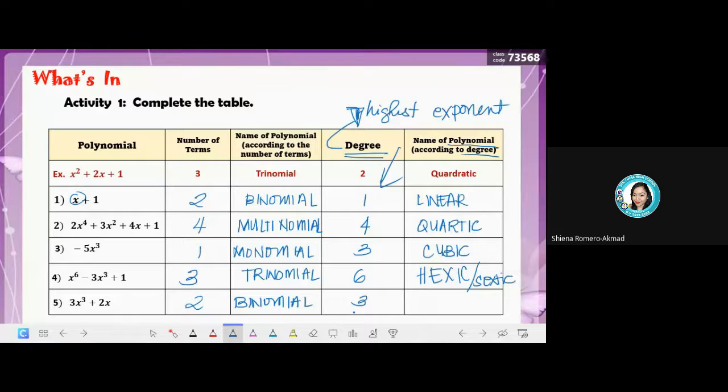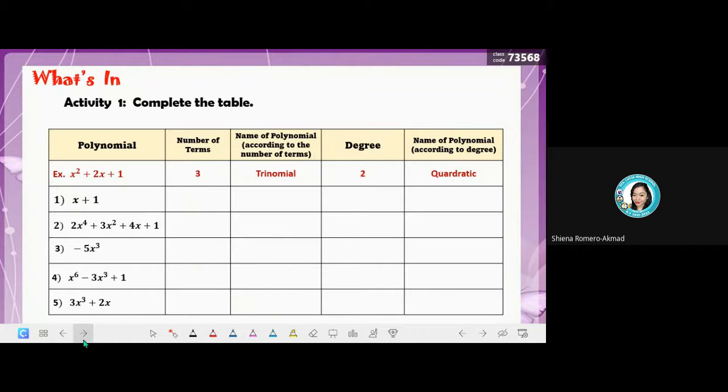Next, yung may 3 exponent, of course, that is cubic. Okay, so ito yung tawag naman natin sa polynomial depende sa kanyang degree. Yung kanina, kung ilang terms meron tayo, dito, depende sa highest exponent. Okay? So, enough na siguro itong review na to. And then, we will now proceed. We also call the 6, pwede rin hindi tawagin na sectic or hexic. Pwede rin siyang tawagin na 6th degree.